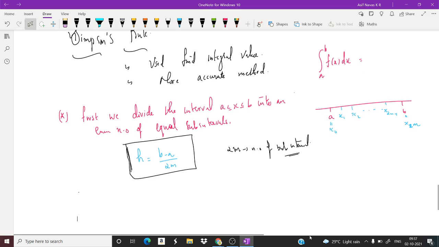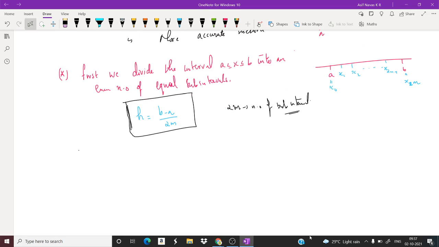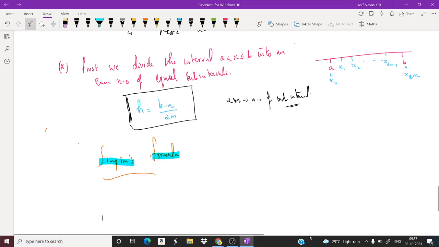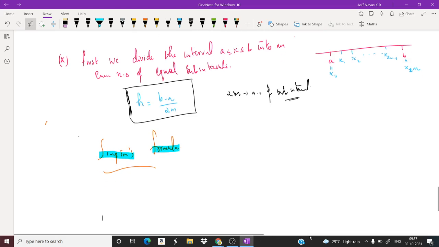Simpson's rules are derived by using the Lagrange interpolation formula, and we are only going to give the formula. So the formula is Simpson's formula.